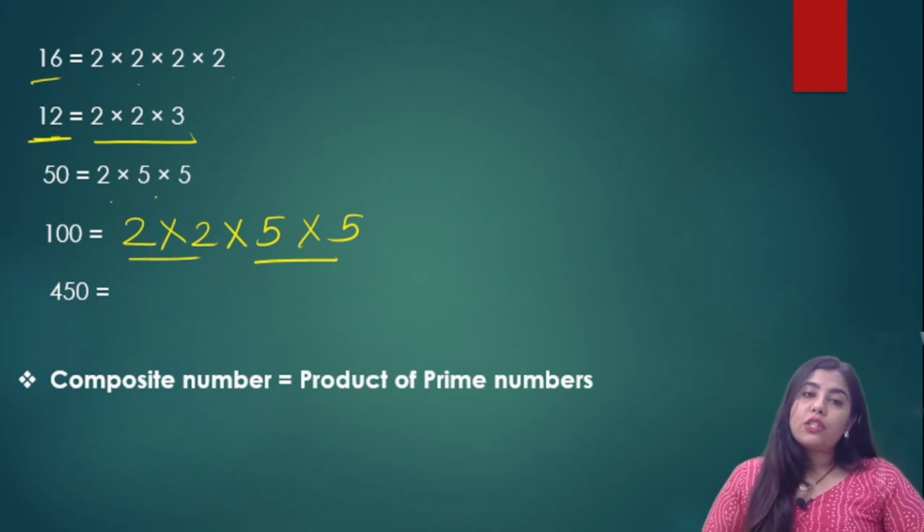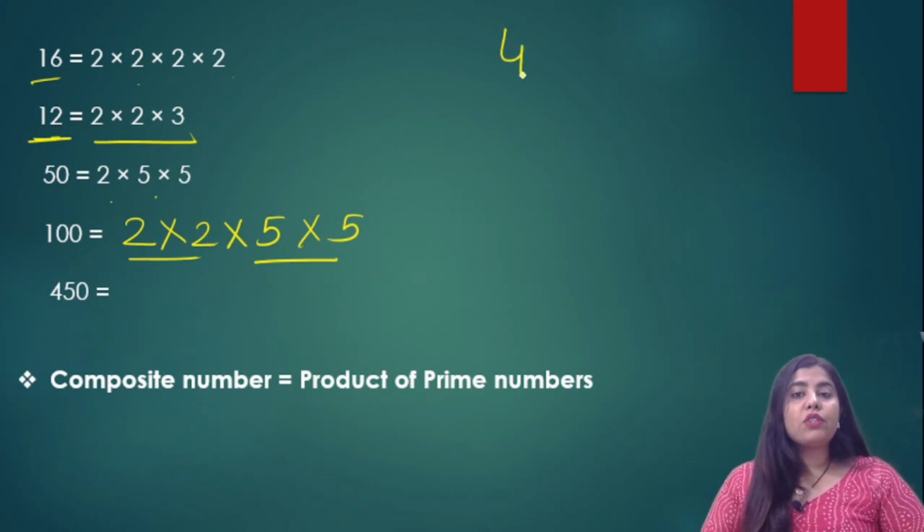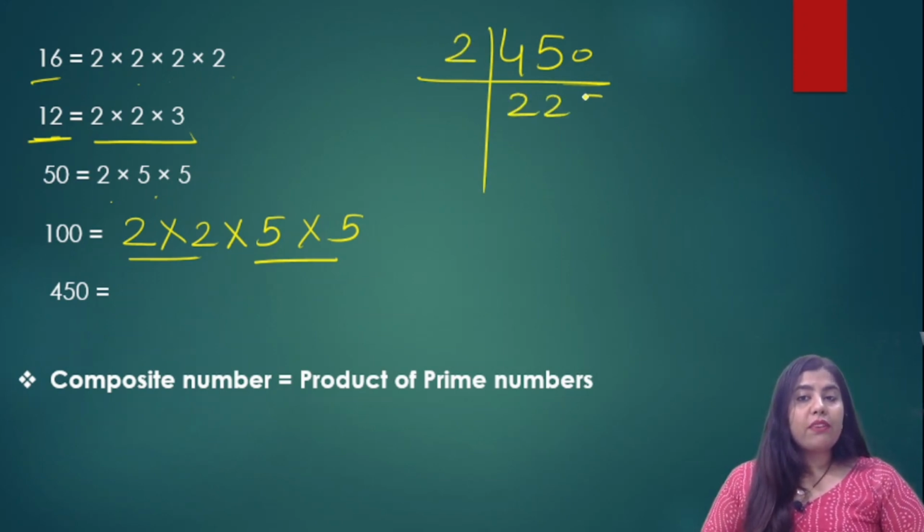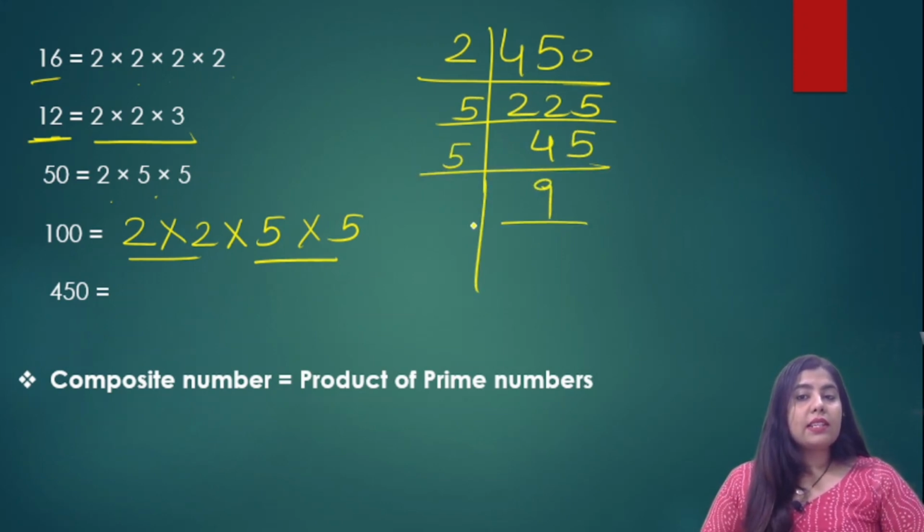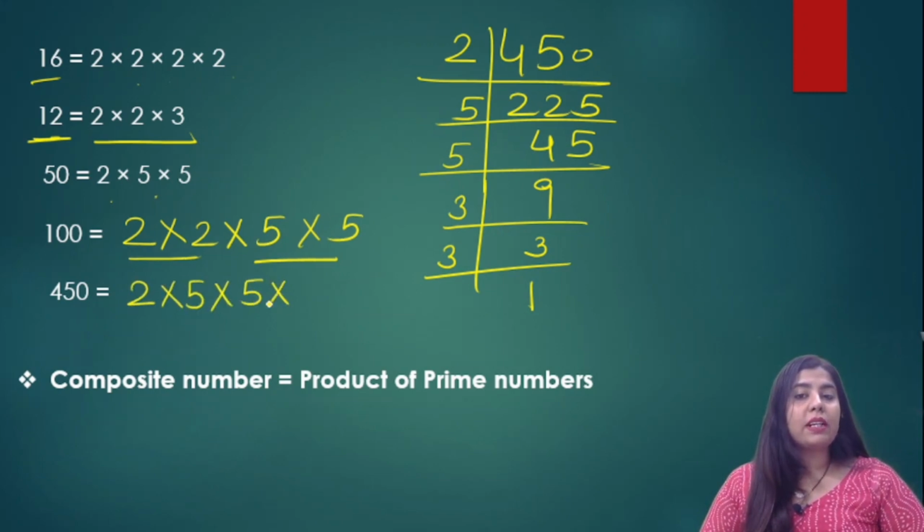Similarly in the case of 450. See, we will do the prime factorization of 450 first. It is 2, 225, then 5, 5 4 is 20 and 5 5 is 25. Then it is 5 9, then it is 3 3 and then 3 1. It means we can express 450 as 2 multiply 5 multiply 5 multiply 3 multiply 3.